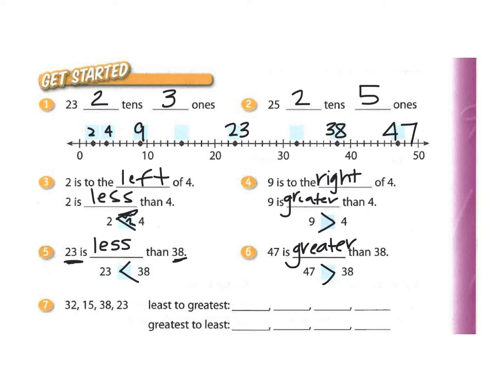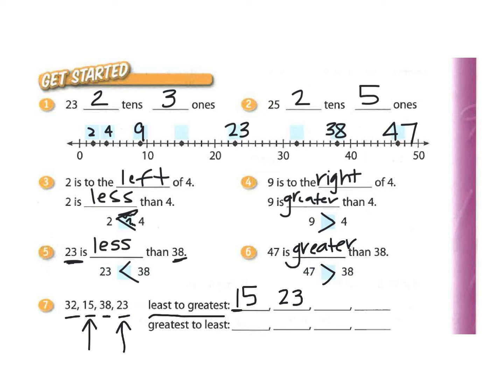Now here's where it says least to greatest. If we have this list of numbers, we have to find the lowest one. We can see this one, 15, is the only one with a 1 in the tens. And then we have 23. That's the next one because the 2 is in the tens place. And then we have 32 and 38.